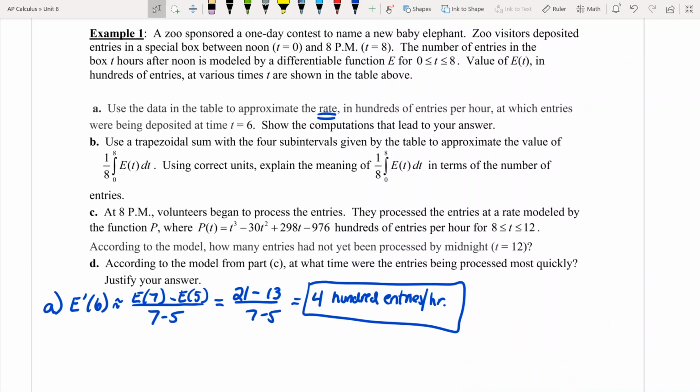Looking at B then, we want to use a trapezoidal sum with 4 subintervals. Now notice right here it's trapezoidal and we've got 4 subintervals. If on the AP exam I use my left Riemann sum or right Riemann sum and I did the wrong subintervals, you will not get credit for the answer. So we do want to do a trapezoidal sum.